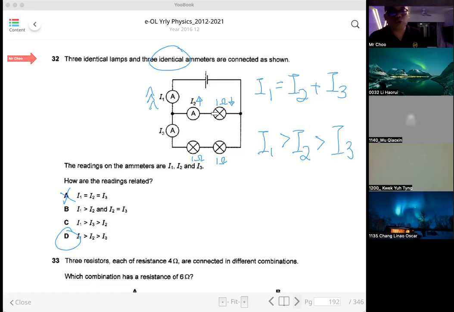So I2 will have more current compared to I3. Is that clear? If you understand this, give me a thumbs up. For this question, half of you did not do well. Okay, all okay?